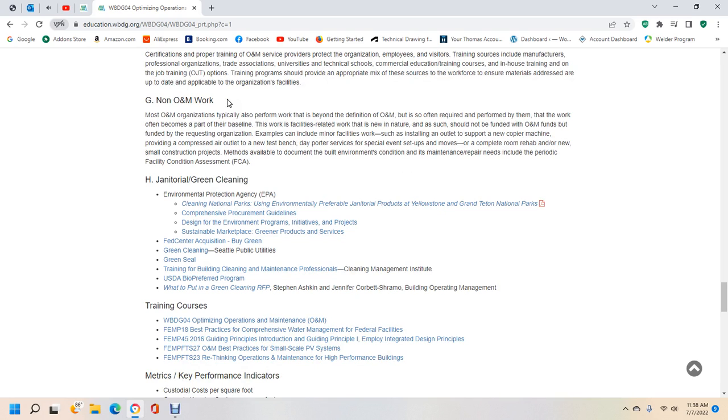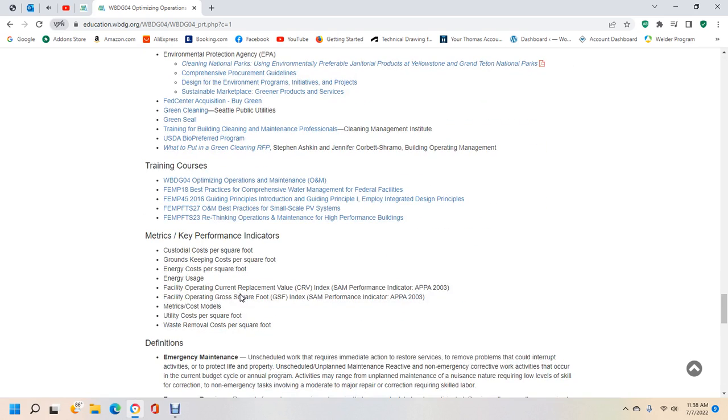Janitorial and green cleaning resources: the Environmental Protection Agency, cleaning guidelines for national parks, comprehensive procurement guidelines, design for the environment programs, initiative projects, sustainable marketplace, greener product services, federal acquisition of green cleaning, Green Seal, training for building cleaning and maintenance professionals, and the USDA BioPreferred program. We will put green cleaning in the RFP.